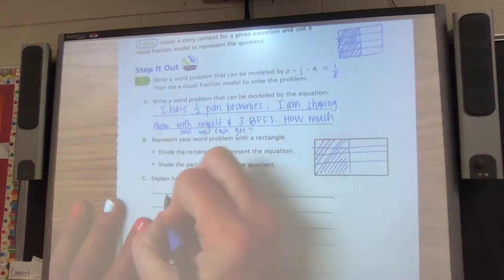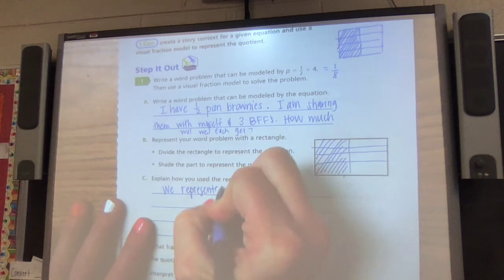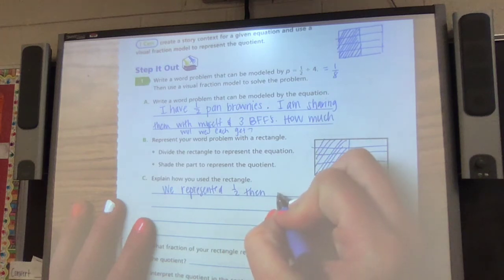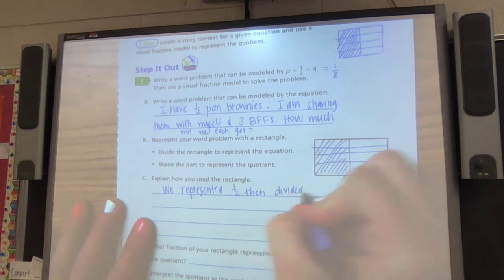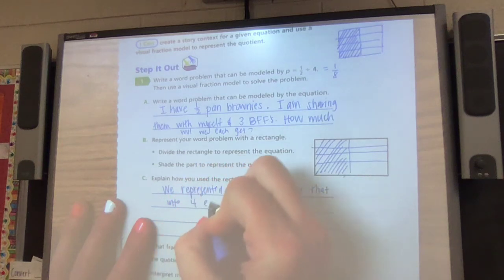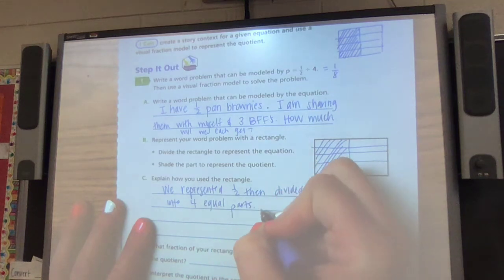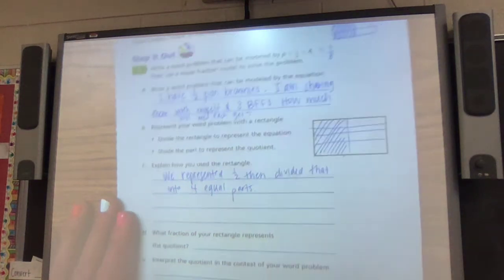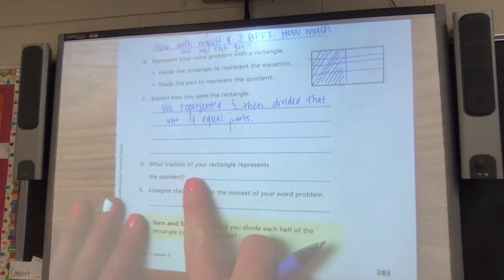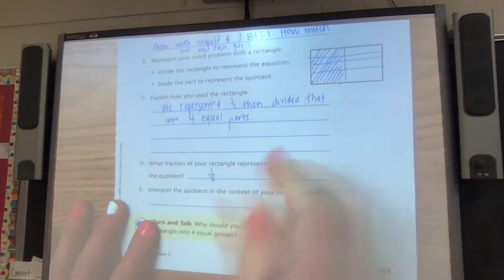So we represented 1/2, then divided that into 4 equal parts. What fraction represents the quotient? We know quotient is a big word that means answer, and everybody gets an 8.